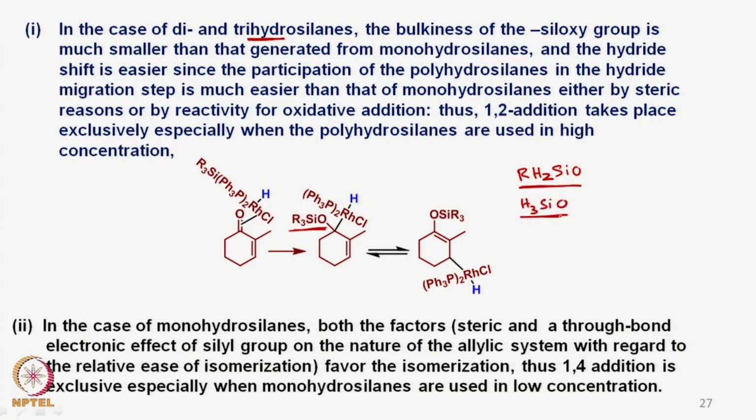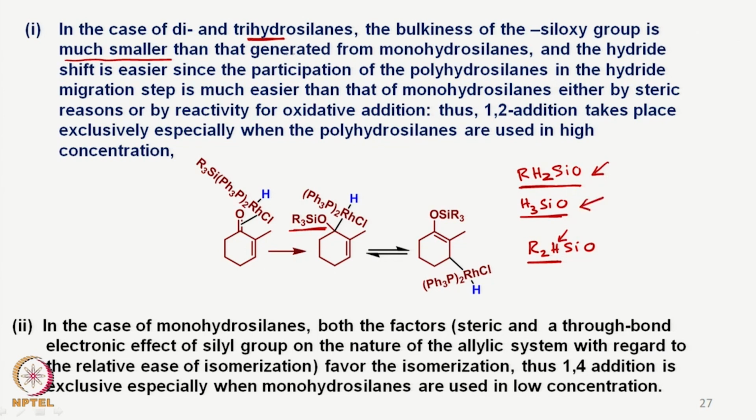That means the bulkiness of the siloxy group is smaller than what one can think of for monohydrosilanes. So, for example, if you have here R2HSiO, you have two of the R groups and only one hydrogen here. So, this is a monohydrosilane, this is a dihydrosilane, this is a trihydrosilane.